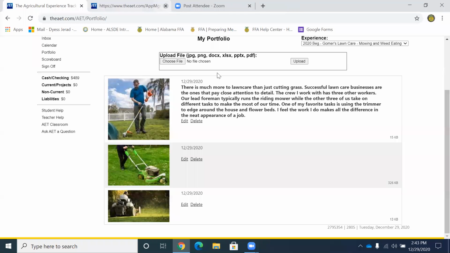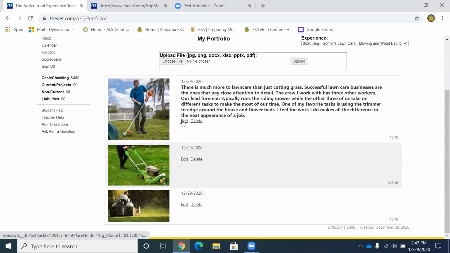Now, you don't want to say, "here I am on my mower mowing grass." That's obvious. Tell me more about your SAE, and what this means to the whole project.